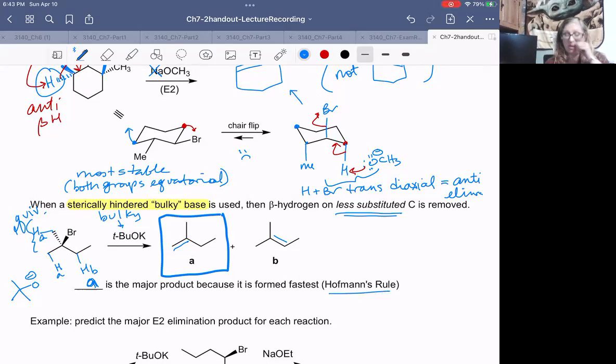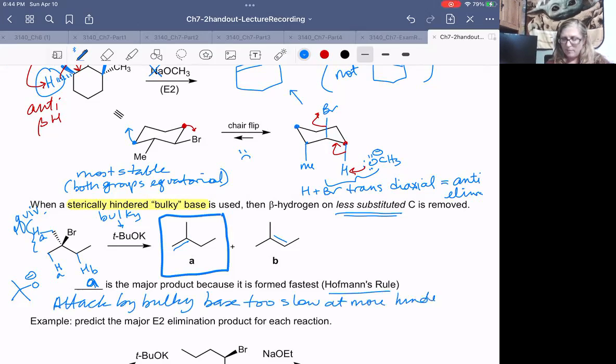So when we have a bulky base, what we could say is that the attack by the bulky base is too slow at the more hindered HB. So this is known as Hofmann's rule.